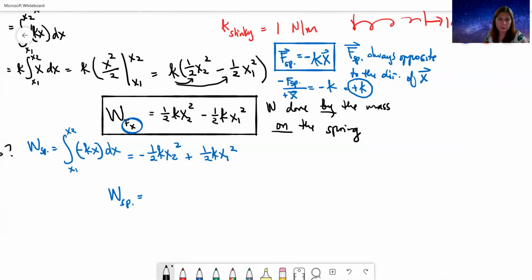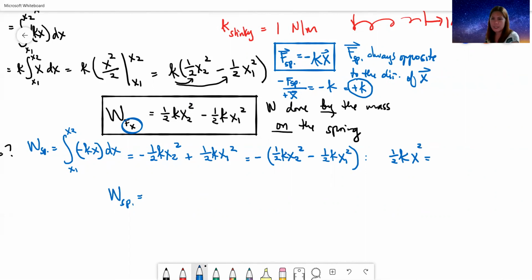I want the final to be first, so they are opposite, this negative, this positive, because it's action-reaction. Let me arrange it in a more familiar way, since I want it to be final minus initial. So I take out the negative so that 1/2 k x final squared becomes positive, and then this one I make negative, 1/2 k x sub 1 squared. Okay? Final, now take note, 1/2 times k times the final stretching or compression squared. This is what we call elastic potential energy.